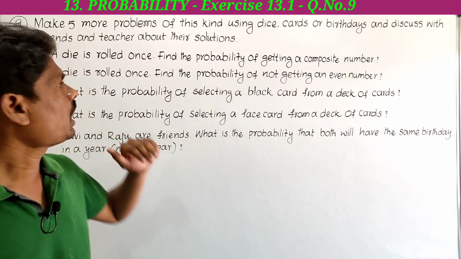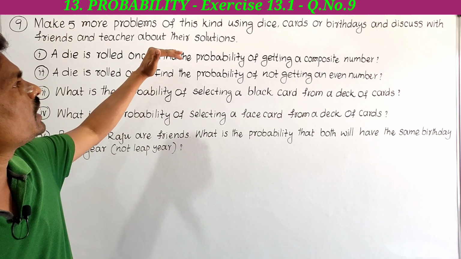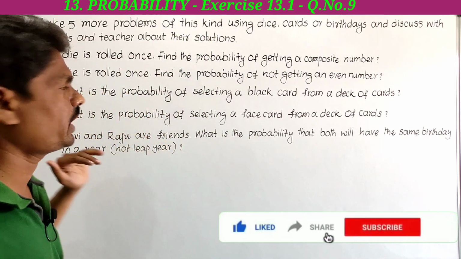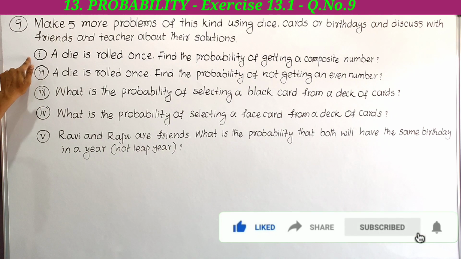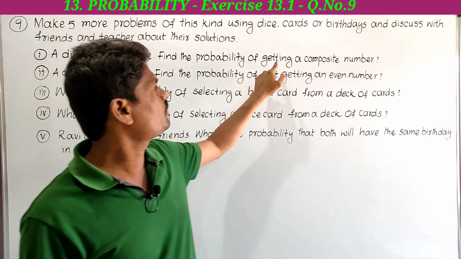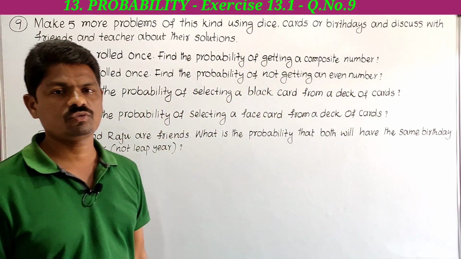So see here, I have prepared 5 problems using dice, cards and birthdays. So see here, what are those 5? First one, a die is rolled once, find the probability of getting a composite number. So this is the first one.